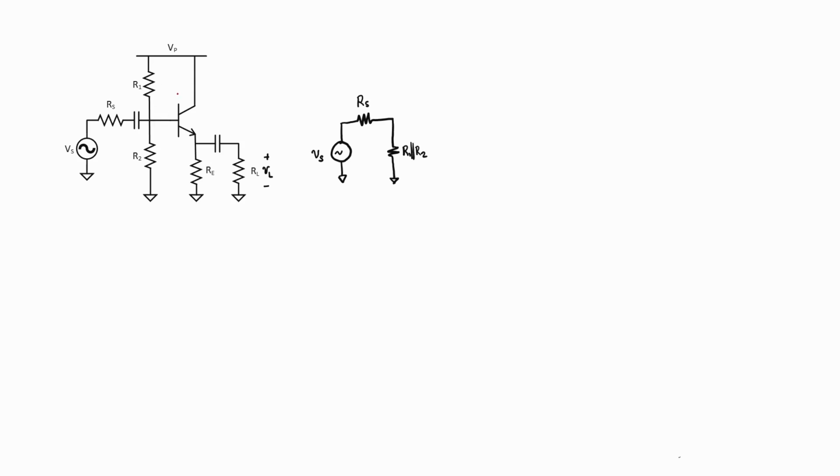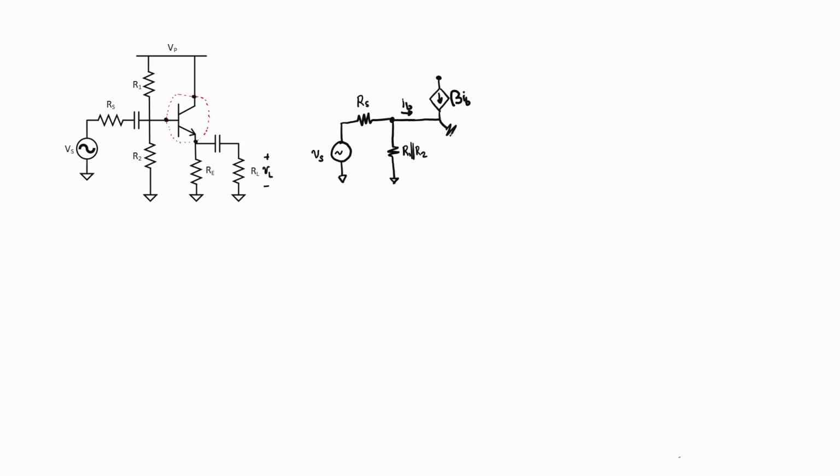Now at this point, I want to replace the transistor with a model that describes its behavior reasonably well mathematically. So we have the base, the collector, and the emitter. I'm going to label the current going into the base of the transistor as I sub B. The transistor behaves something like a current source that multiplies the base current by some large number beta and drives it through the collector.